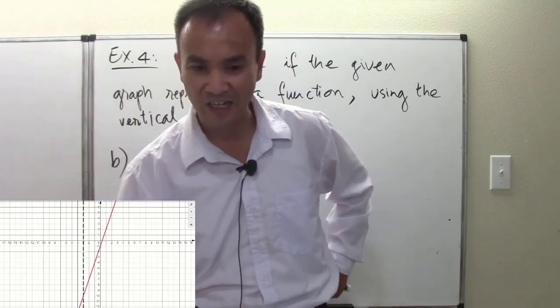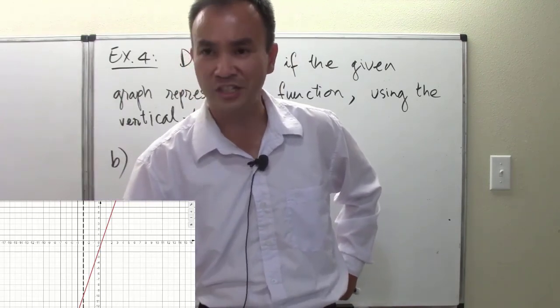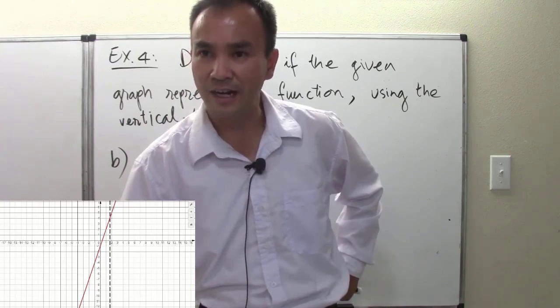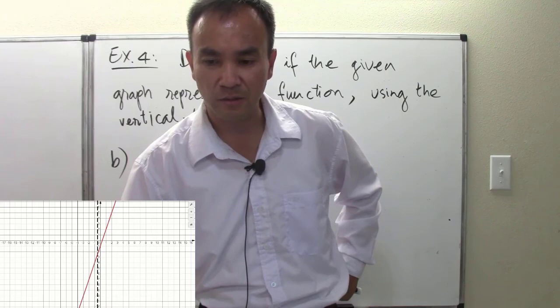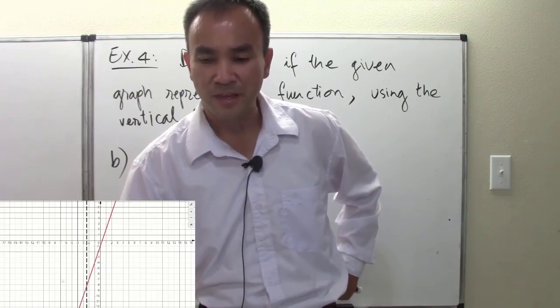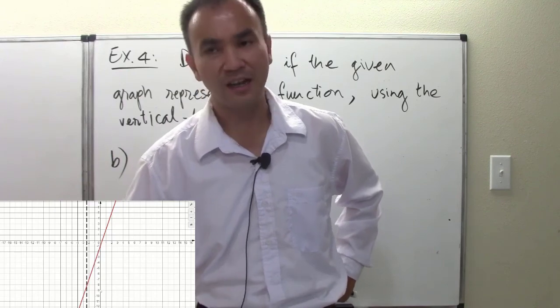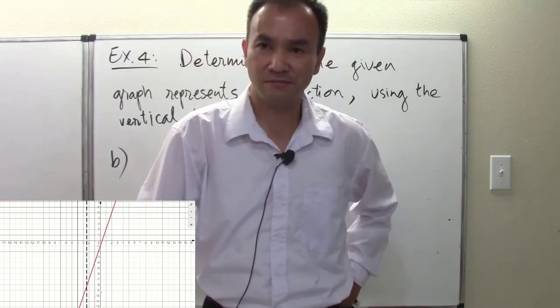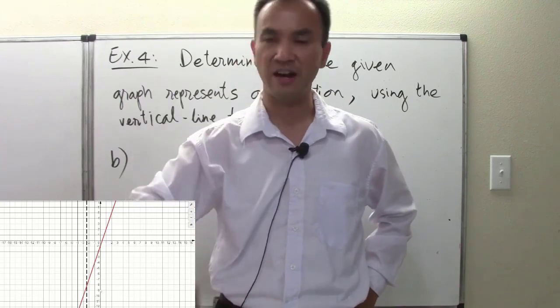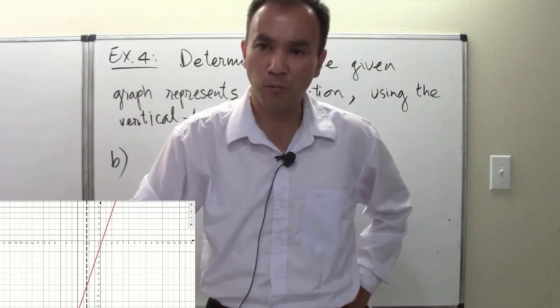But thanks to technology these days, we can quickly move that back and forth. And at no place that we put our vertical line did we spot a double crossing. Allow me to use that short term: a double crossing means one vertical line crosses the graph at two or multiple places.